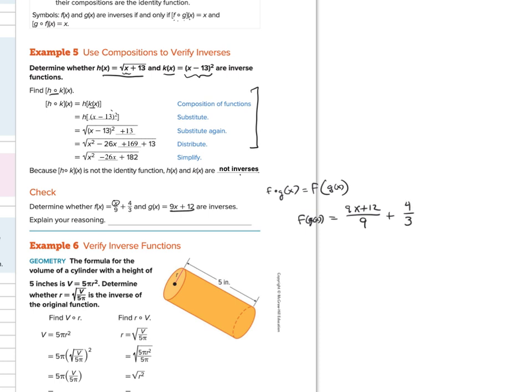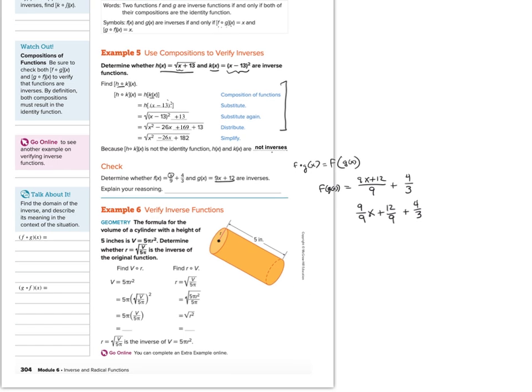Now when I start to simplify, I know that I have 9 over 9 x plus 12 over 9 plus 4/3. This becomes x plus 4/3 plus 4/3, which is going to be x plus 8/3.